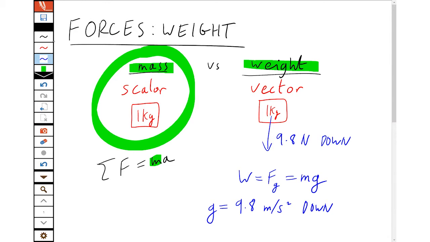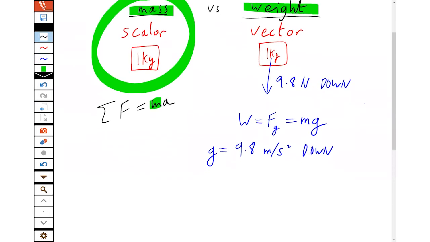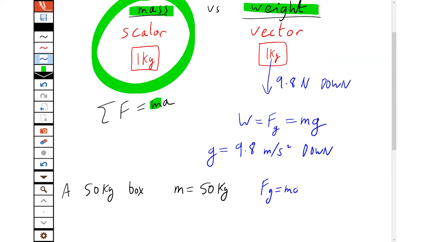So you'll want to watch out for that when people mention it, because they'll just say something like a 50 kilogram box. Well, if that's 50 kilograms, then the mass is 50 kilograms. And the weight, we'd have to work out by multiplying by g. So that's 50 times 9.8, which is 490 newtons.